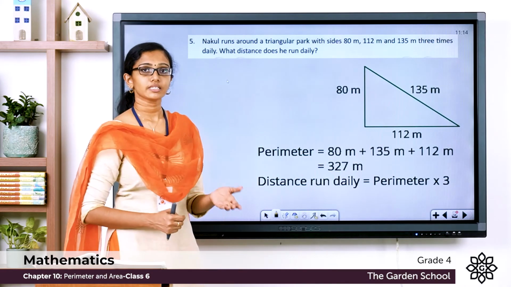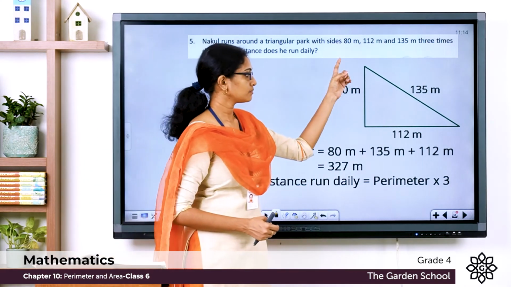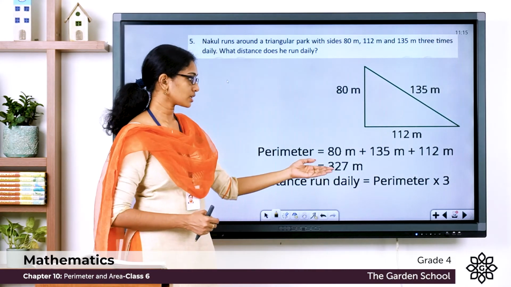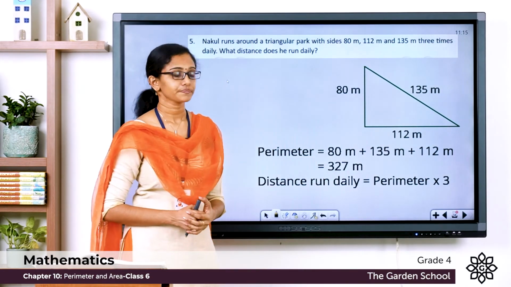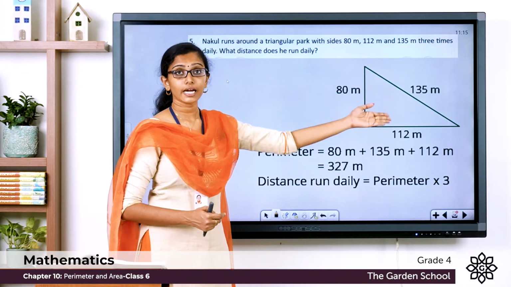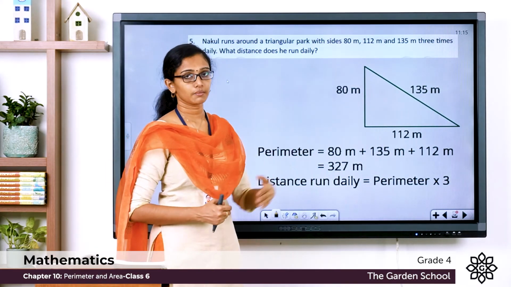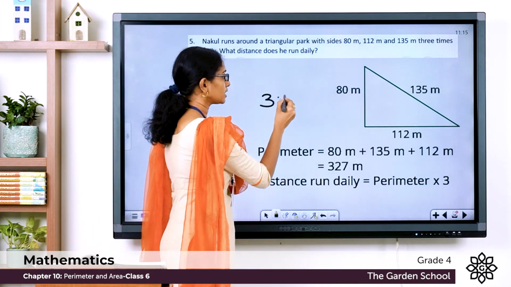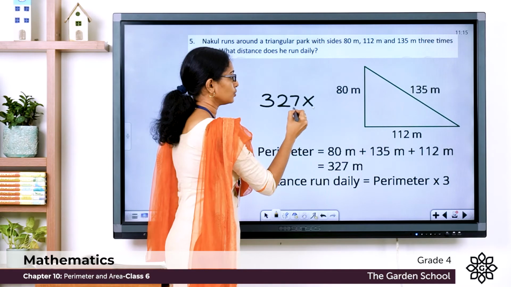The perimeter is equal to this 80 plus 135 plus 112, and that is equal to 327 meter. And the distance he runs daily is equal to 3 times this distance, or 3 times the perimeter. So, that would be equal to 327 into 3.